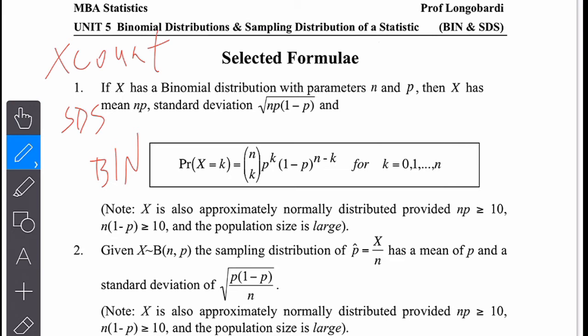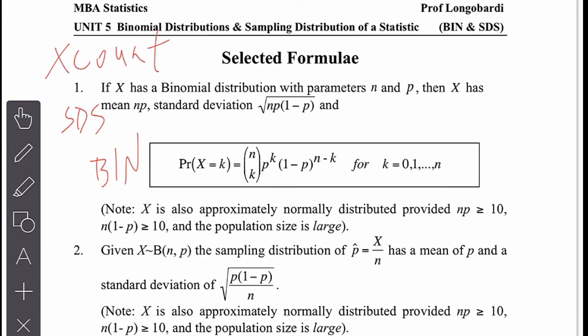For the count variable, the sampling distribution of the statistic x, the number of successes in n independent trials. And then here's the binomial form. If it's easy enough to just calculate one, or just a few of them, you can get the exact calculation of the probability for the binomial.